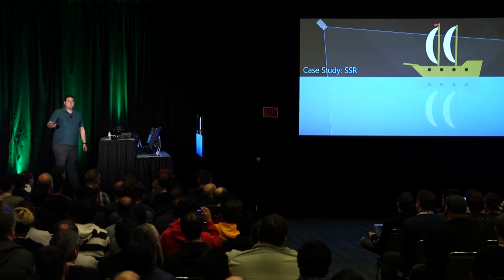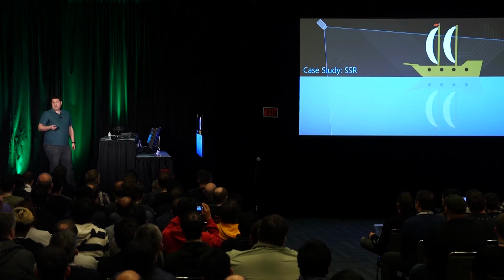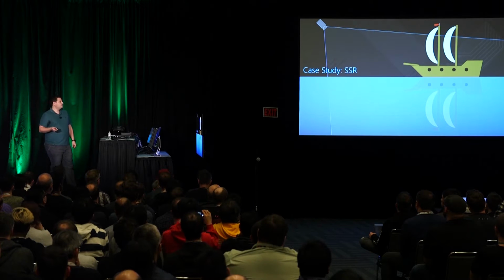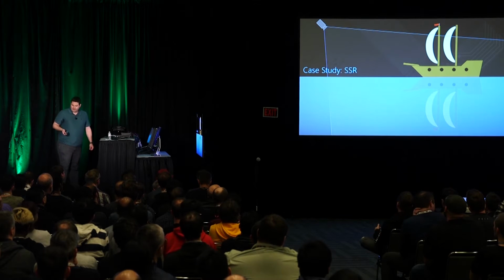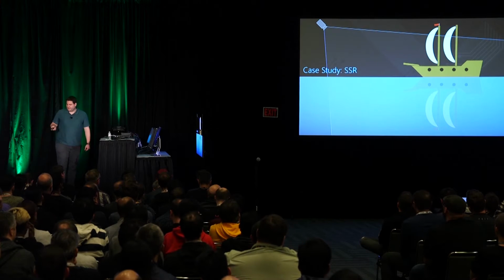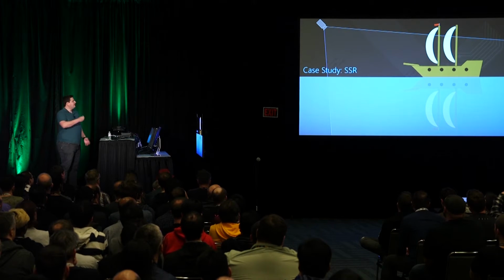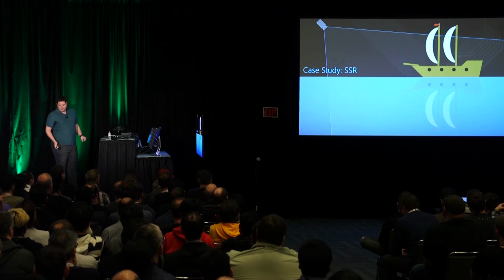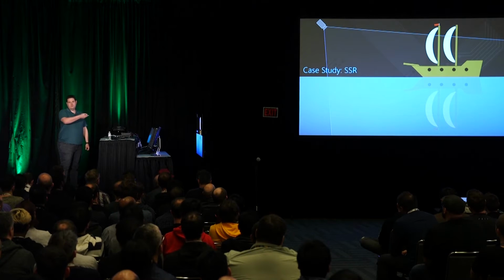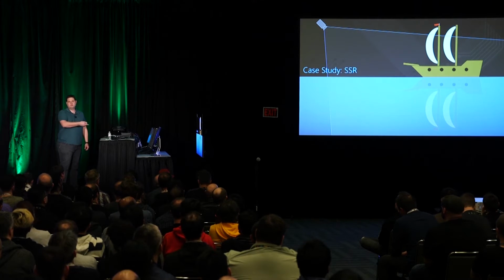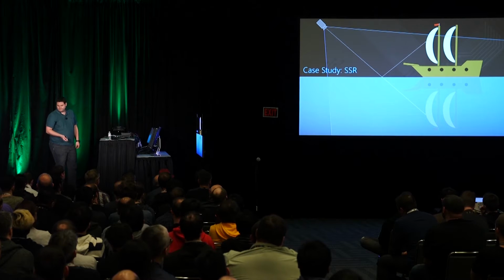So going back to some of these exceptions about where rasterization fails, let's take a technique that's very common in games today, screen space reflections. Here we have our extremely photorealistic pirate ship reflected on a glistening ocean. And we have a camera that we've flattened into 2D space in the top left here. Let's say we wanted to use screen space reflections to reflect this pirate ship in the water.